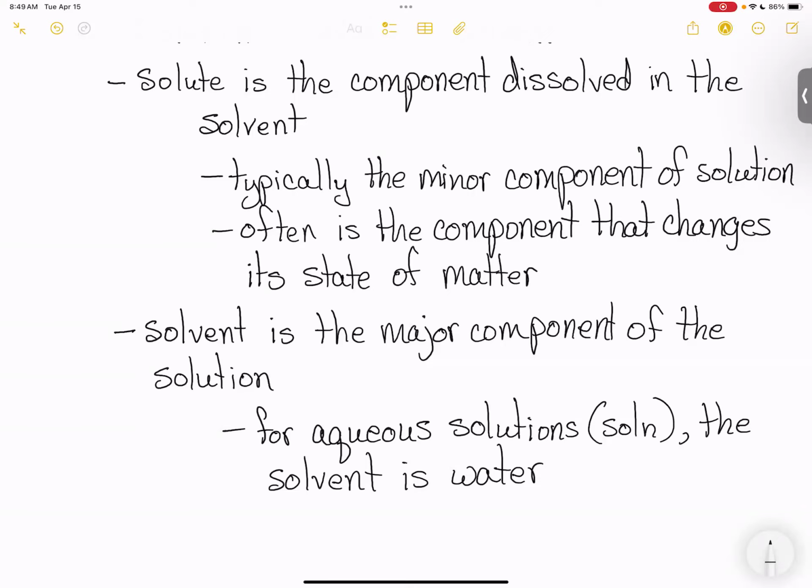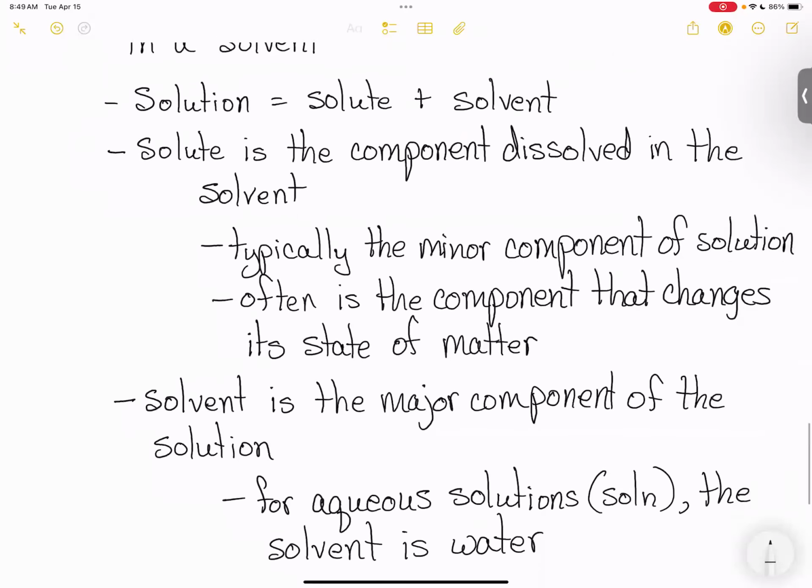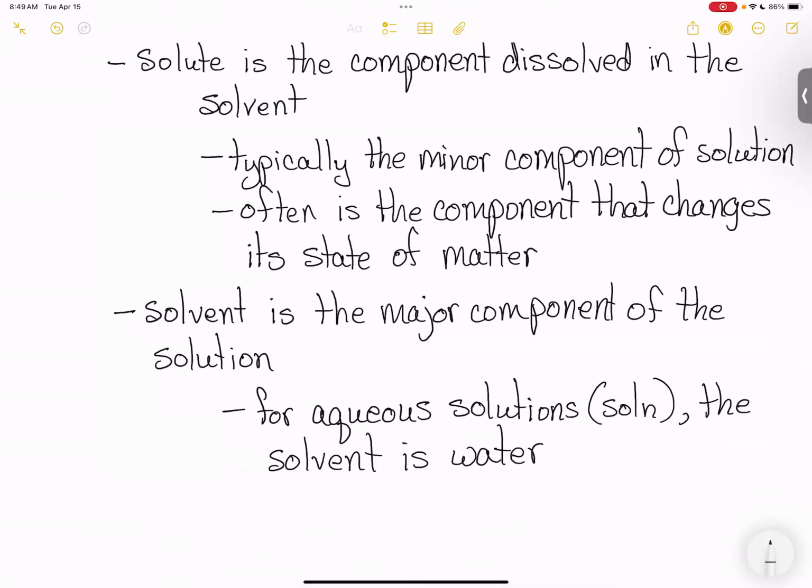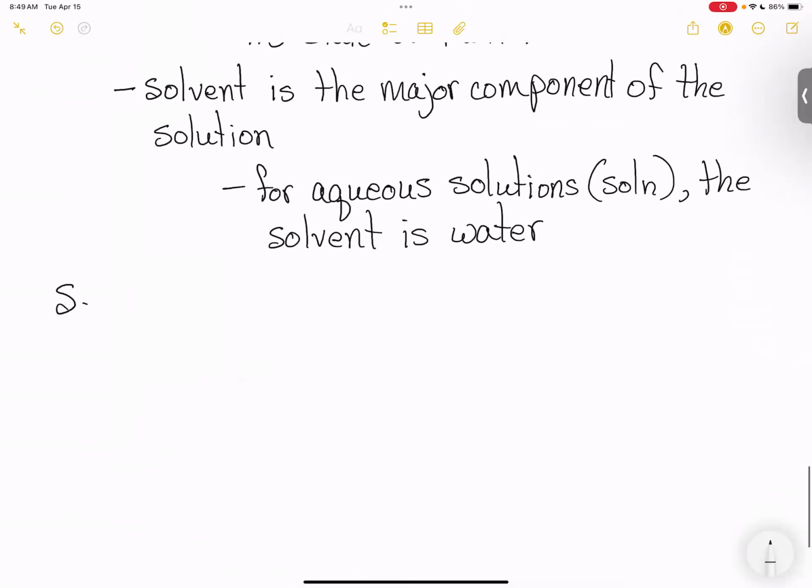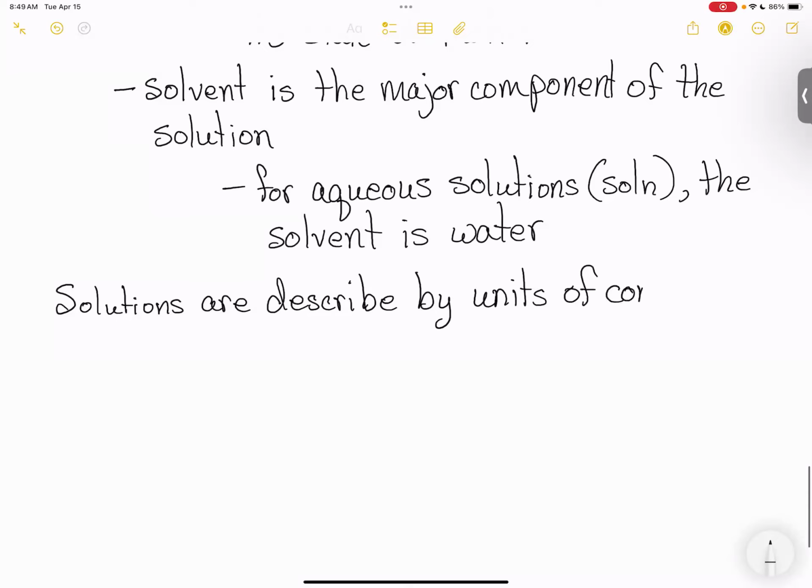So solutions are described by units of concentration. Now, these units of concentration can come in a variety of forms. I actually gave you one, and one form of a unit of concentration is percentage.